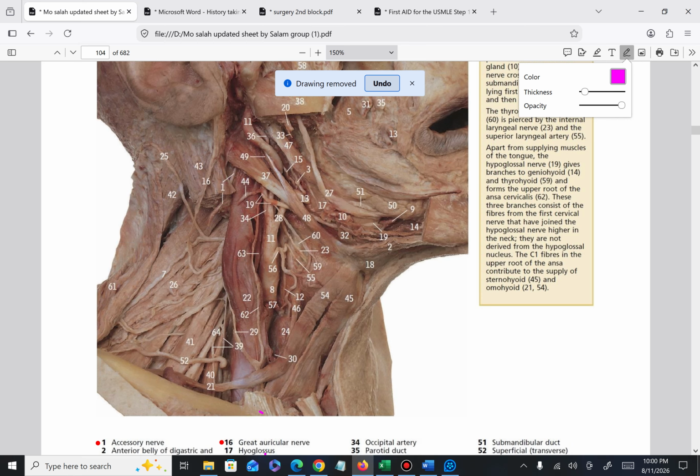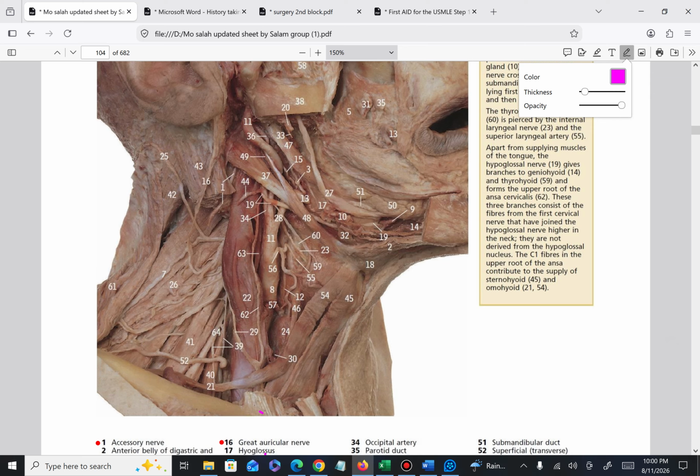It also contains the roots of the phrenic nerve. You can see this on number 64. This is the ramus of the fifth cervical nerve. From the ramus of the fifth cervical nerve, as well as the third and fourth cervical nerves, the phrenic nerve originates.